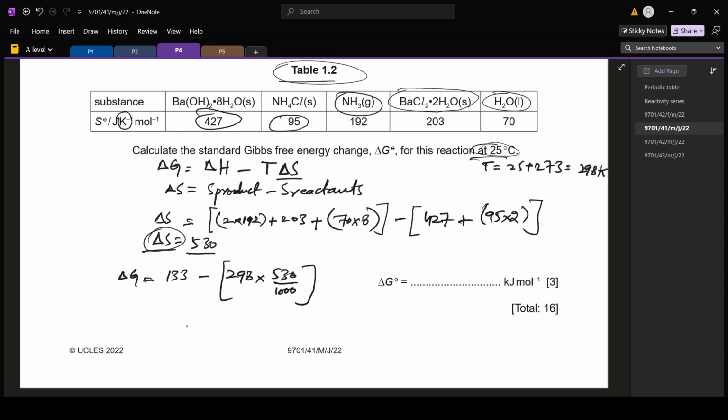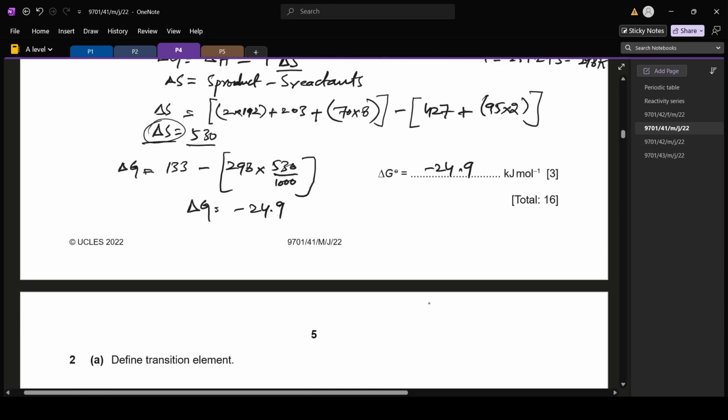From here you will get the value of the Gibbs free energy, which is negative 24.9. So this is the answer. I hope you understand that.